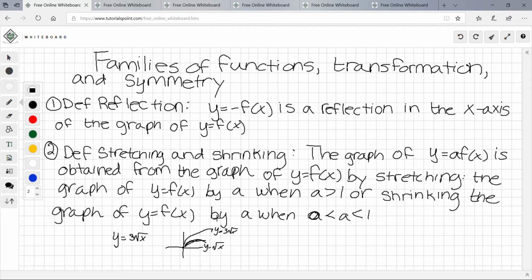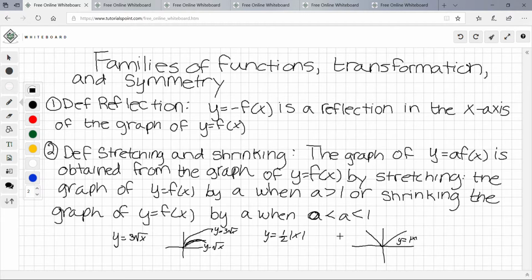Now, parabolas and absolute values are a little different. They're actually the opposite. Let's say you have y equals 1/2 times the absolute value of x. Remember the absolute value graph looks something like this. This is your typical y equals absolute value of x, right?